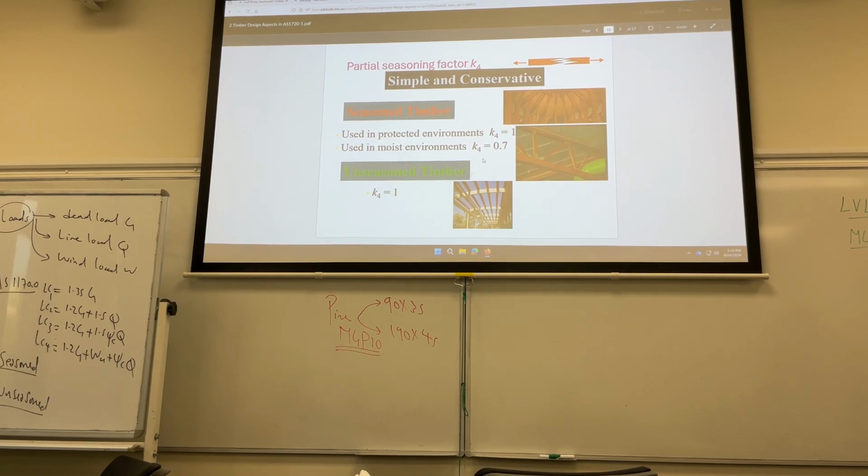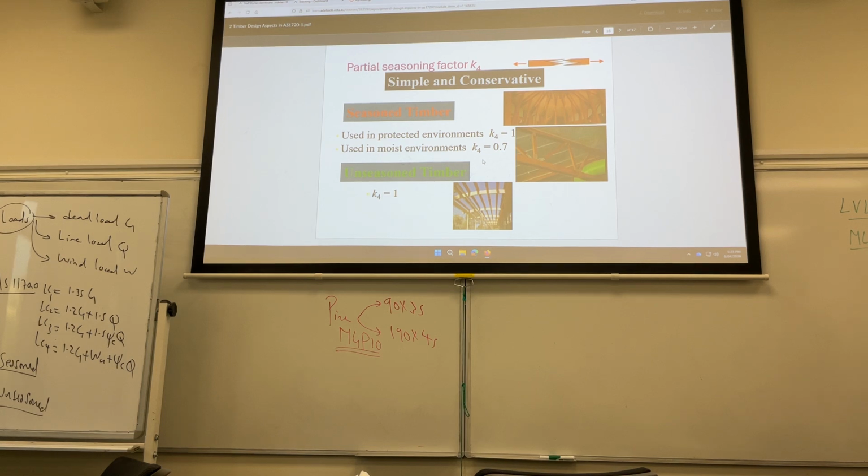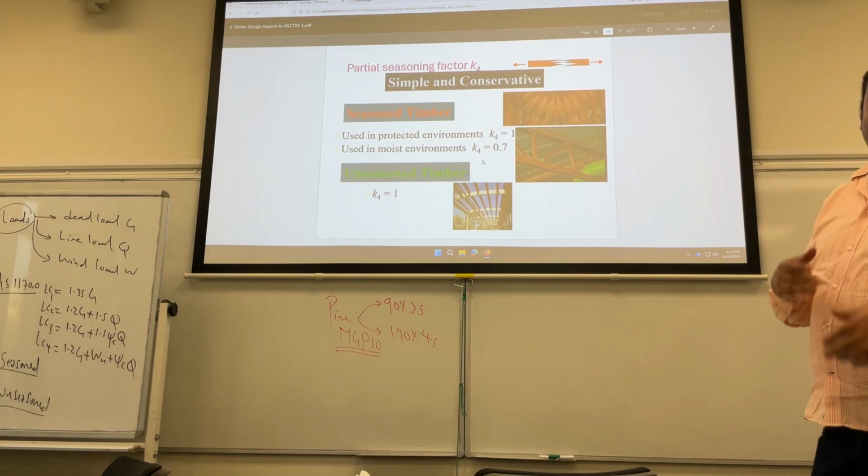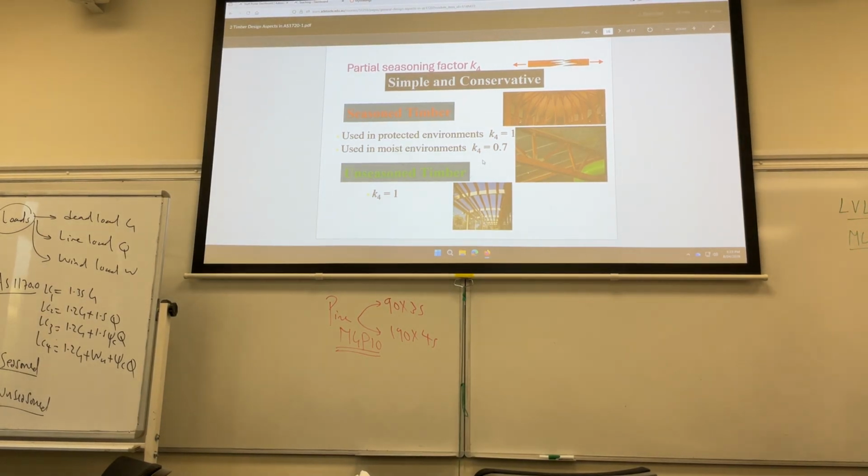Okay, so this is a summary of the K4 factor. Simple and conservative values for the K4 factor. For seasoned timber, we can take K4 as 1 if it is in a protected environment, for example if the timber is wrapped or covered by something or painted.